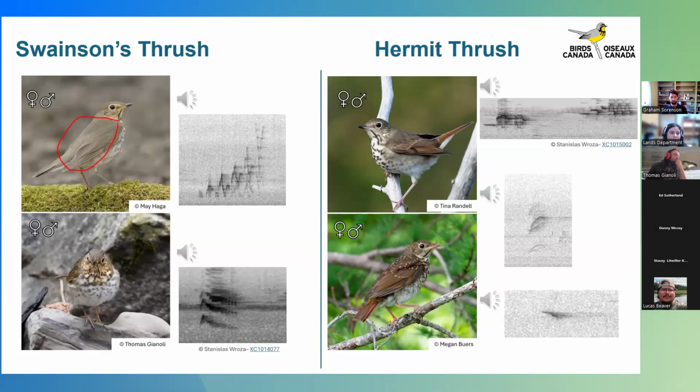They have some really nice spots on the chest and the belly, but one of the main features is the eyeglasses that they have. There is, as you can see here, a little line here, which is a beige pattern that all the other thrushes don't have. So it's a really nice characteristic to see. And males and females are the same.